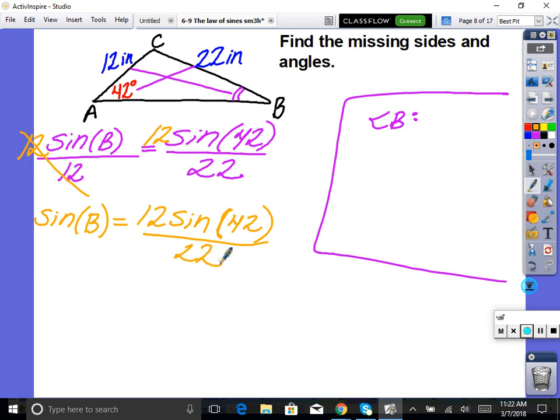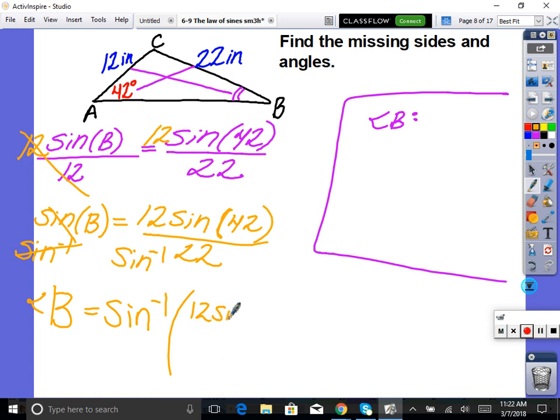Now everybody tell me, what would be the next step to get B alone? Yes, sine inverse. It's trapped inside. The only way to undo it is sine inverse. Math doesn't change, guys. So angle B is equal to, this is how the ACT would leave it, sine inverse of all that stuff.